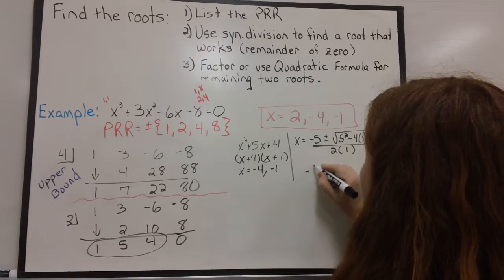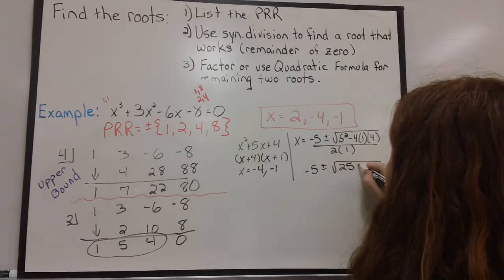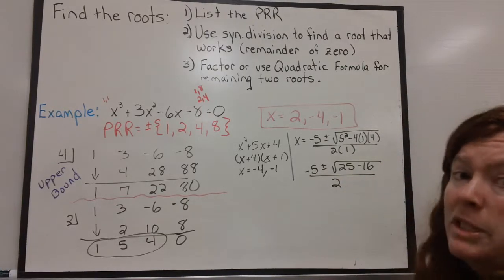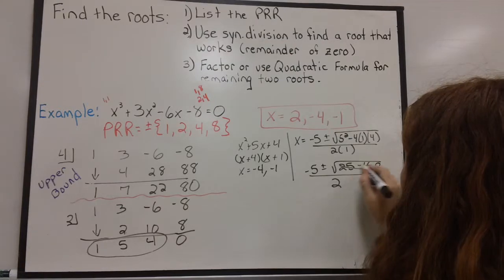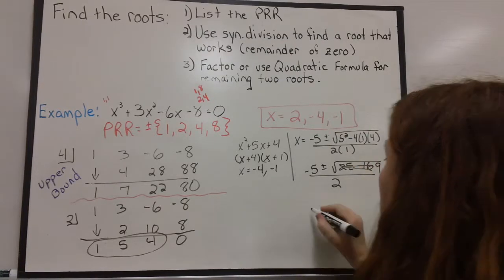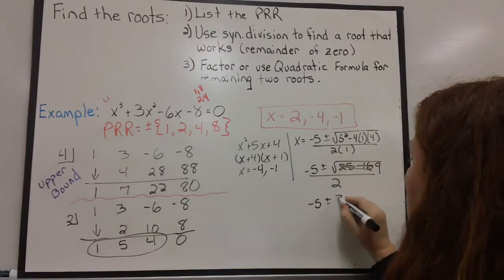All right, negative 5 plus or minus the square root of 25 minus 16 all over 2. What's 25 minus 16? 9. And what's the square root of 9? Square root of 9 is 3.